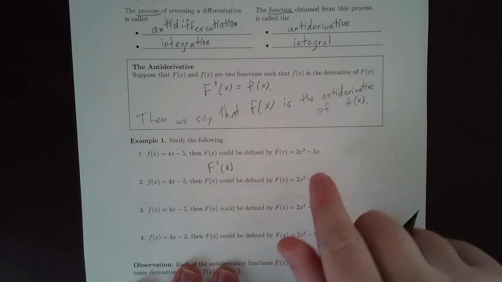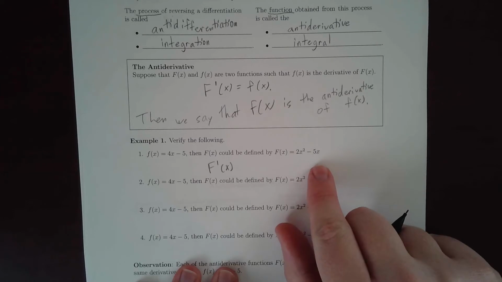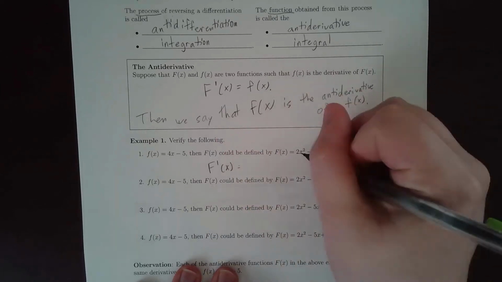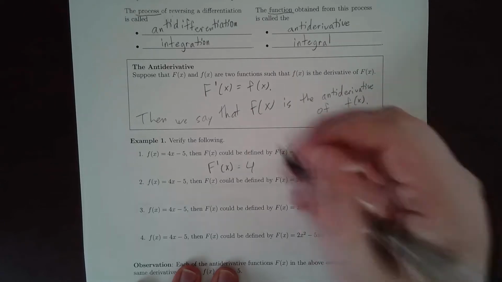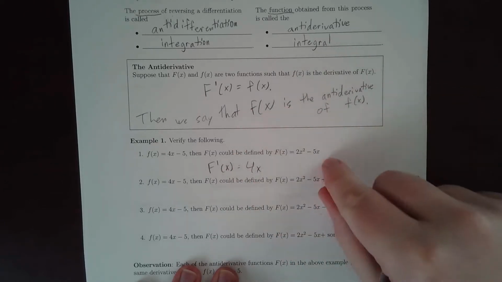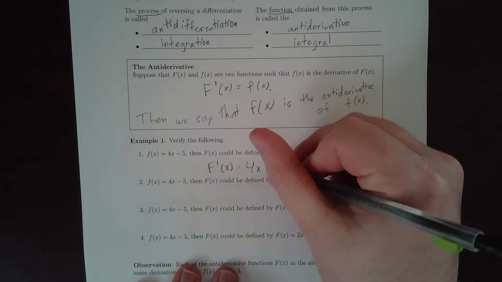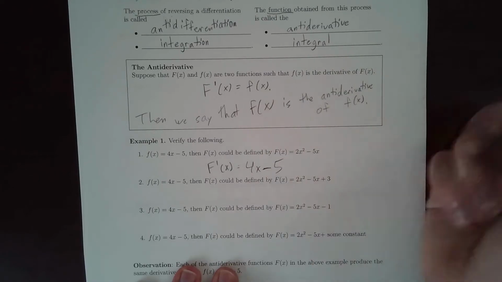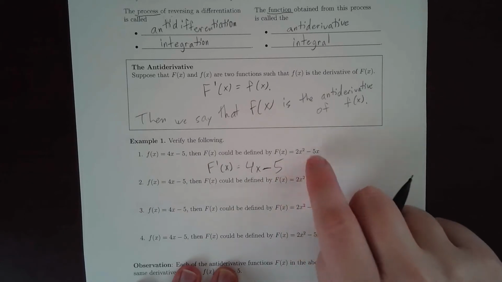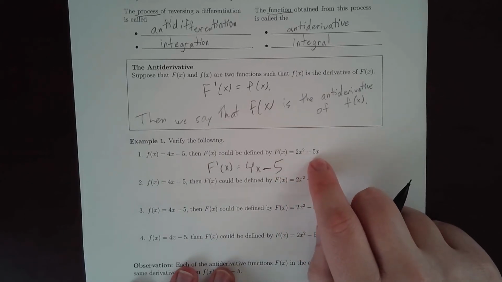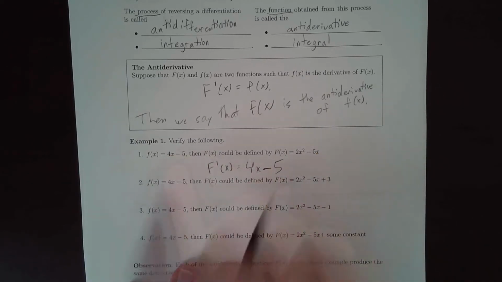The derivative of 2x squared minus 5x will be 2 times 2, so 4, x to the 2 minus 1, so 4x, minus the derivative of 5x, which is just 5. So 4x minus 5. Since the derivative is equal to this function, this could be the antiderivative for this function.